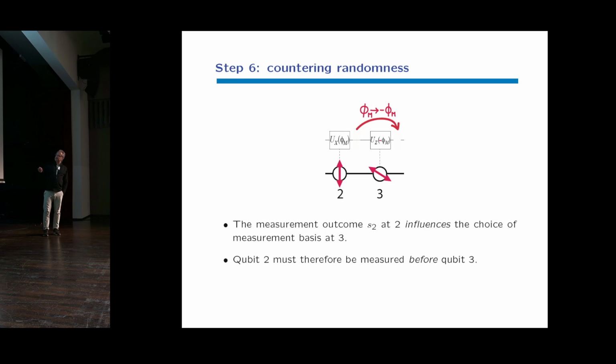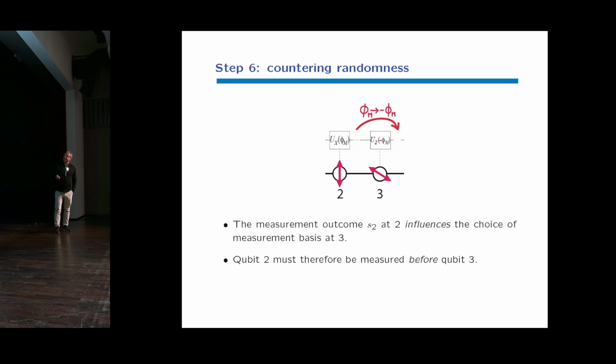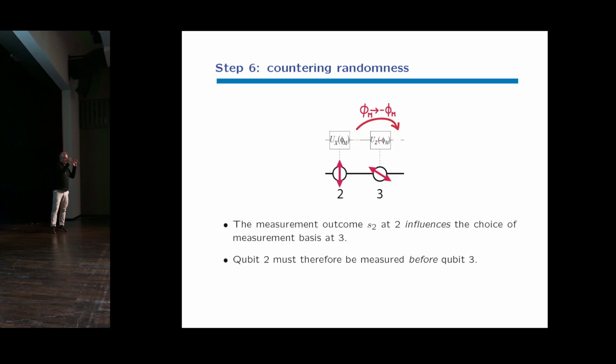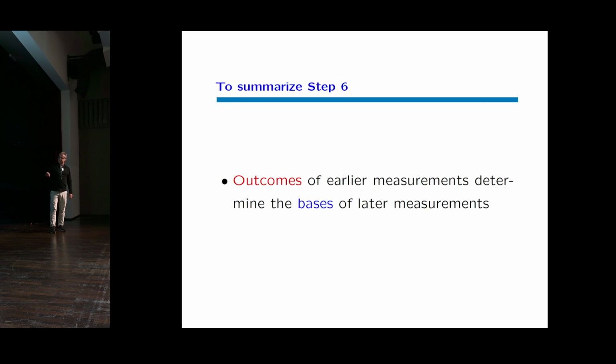So it means this qubit must have been measured before that. So this adaptation business tells us about temporal order in measurement-based quantum computation. The randomness of measurement is the cause for temporal order in the scheme of computation.